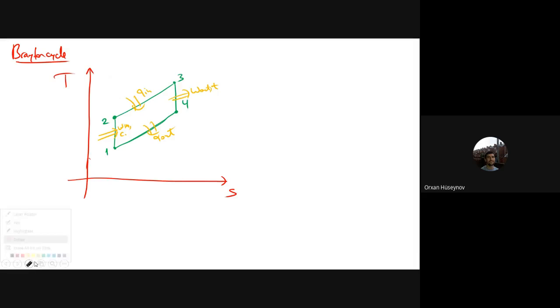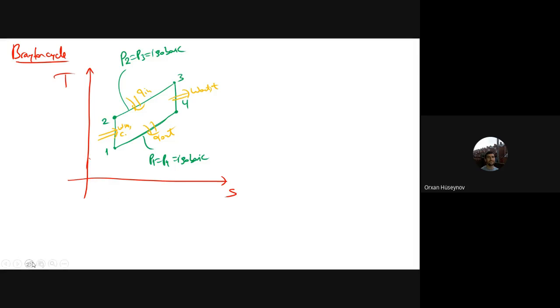In reality, what will happen is that from 1 to 2... P2 and P3 are the same, and it is isobaric. Similarly, here you have P1 and P4, and it is isobaric.